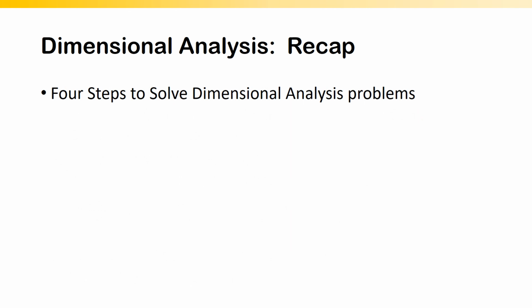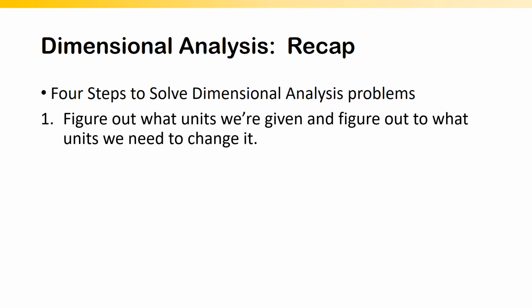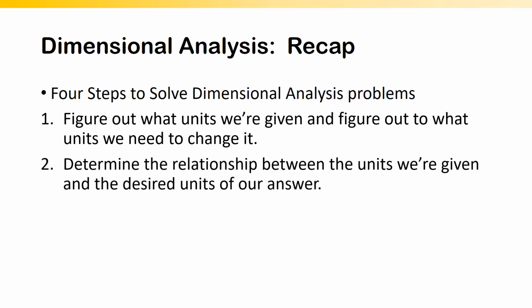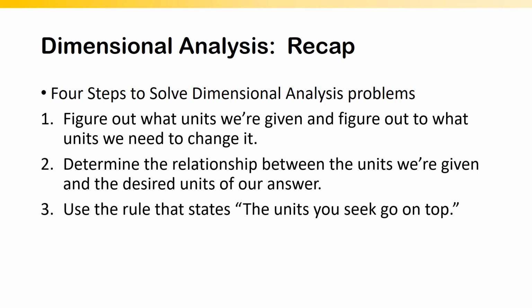We also used 4 steps in our problem solving. Step number 1 is to figure out what units were given and figure out to what units we need to change it. Step number 2 is to determine the relationship between the units we're given and the desired units of our answer. Step number 3 is to use the rule that states the units you seek go on top.